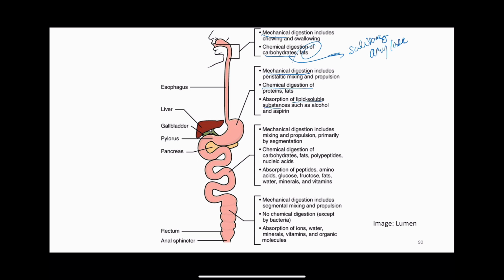Lipid-soluble substances like alcohol and aspirin are absorbed through the stomach, so we get a little bit faster onset of those than something that would be absorbed, say, down here. Once food spills into the stomach, it takes about 30 minutes to spill into the intestine. It would be even longer for these substances if they were not absorbed in the stomach. Okay, so as we go through the stomach, we go through the pyloric sphincter, the pylorus, and we're now, although not annotated here, spilling into the small intestine's duodenum.